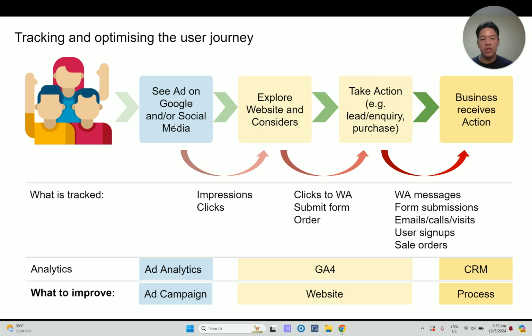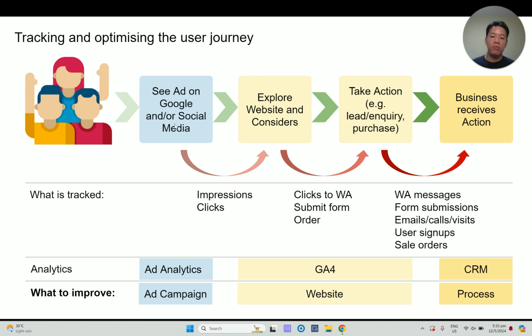So usually the initial phase of a campaign journey, how we set up for our clients, would be to make sure that we are getting a high number of impressions and a high number of clicks for the campaign compared to known competitors in the market, as per the data provided to us by Google Ads, right? So that's the number one thing.